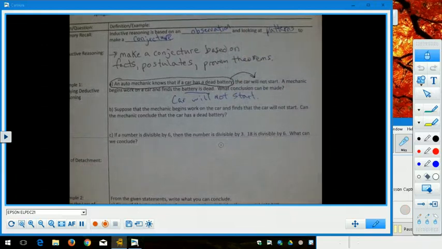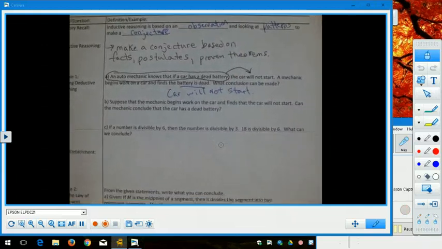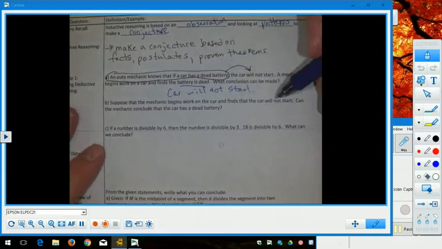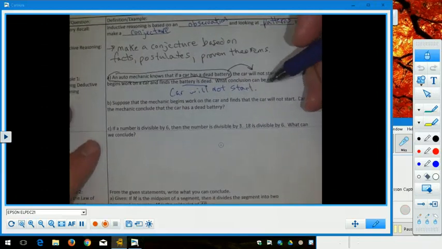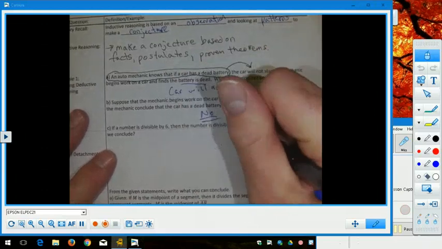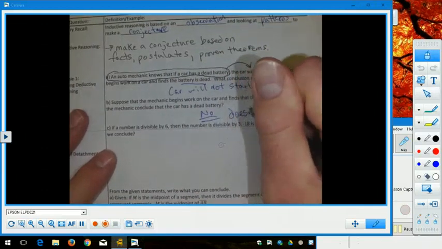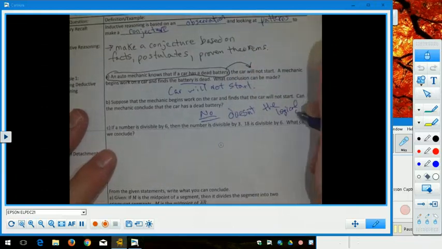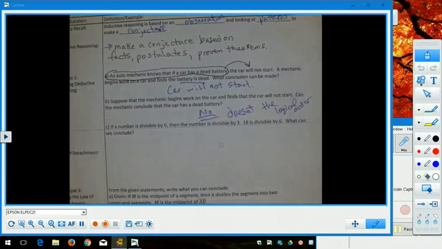So the dead battery leads to the car not starting. The car not starting does not lead to the dead battery. It could be that the battery's dead, but it might be something else. So no, it doesn't follow the logical order. We'll talk about that order in just a second.